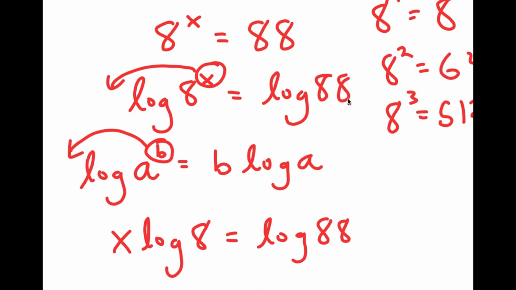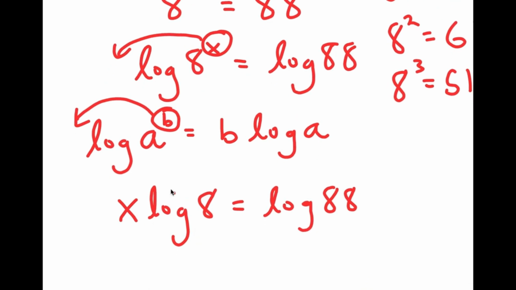So we can't really find the exact value of x when x is in exponent form. So this is why we can make it into a real term using this property.